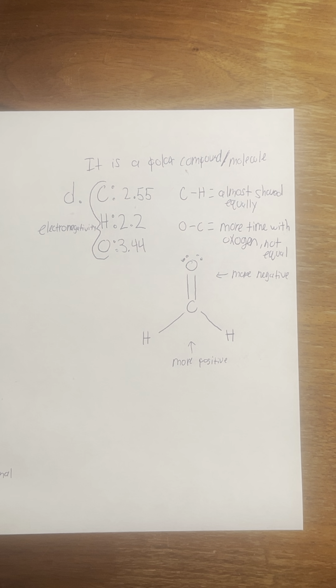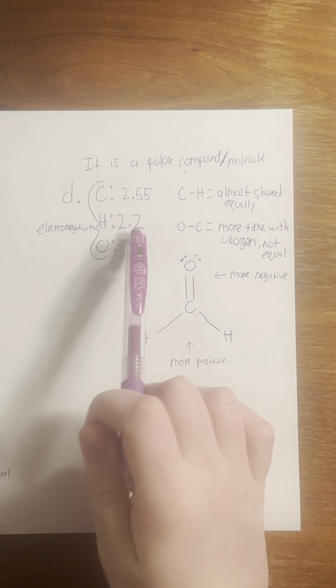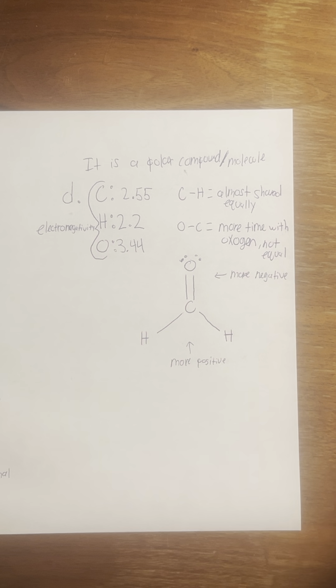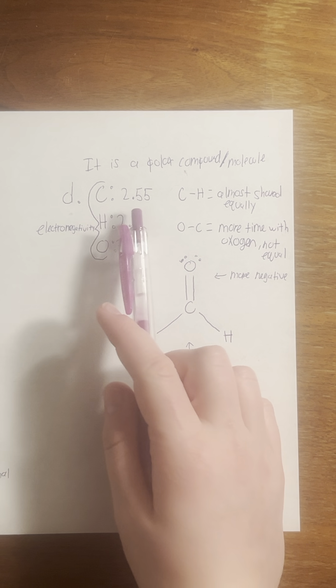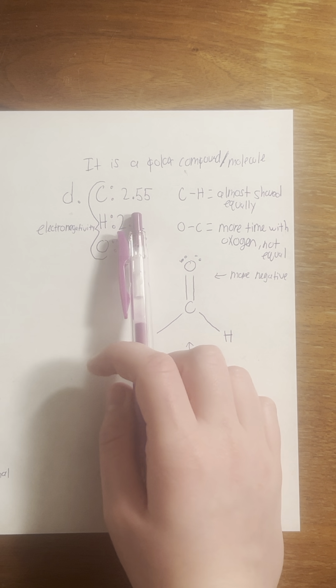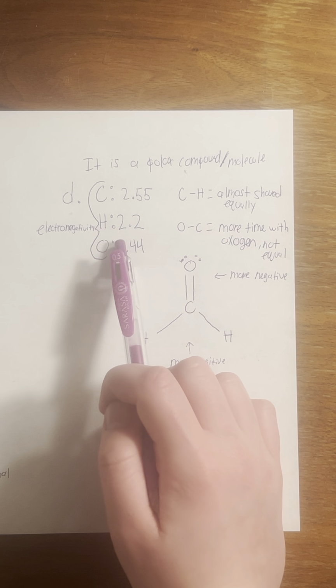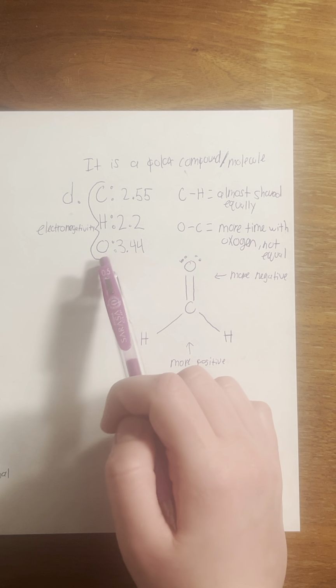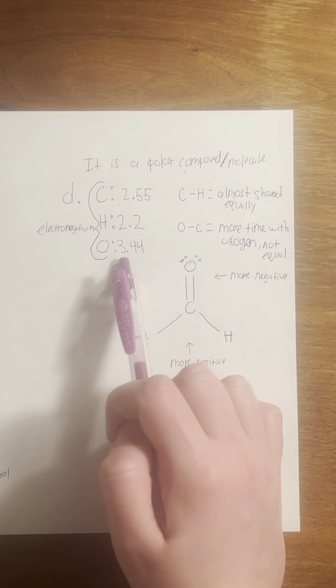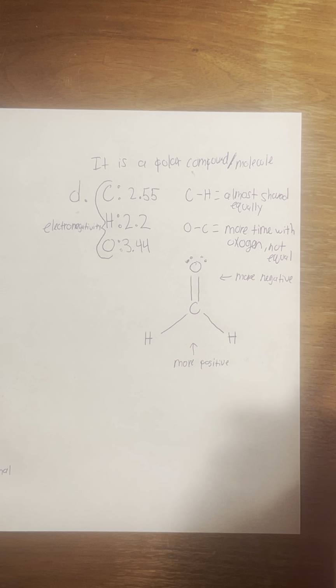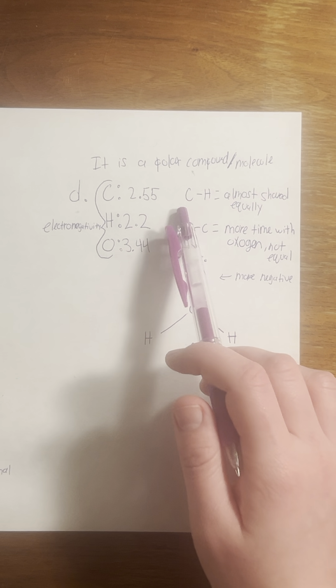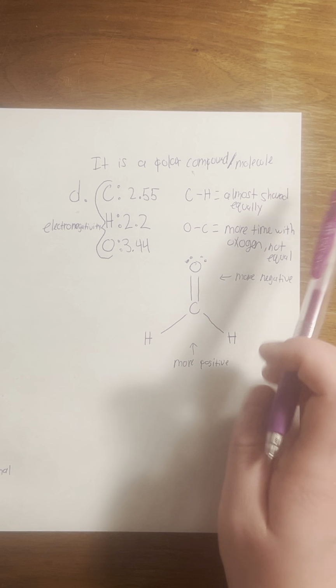And then for D, it is a polar molecule because here is the electronegativity of each of the different elements in it. So carbon has electronegativity of 2.55, hydrogen is 2.20, but doesn't matter, and oxygen is 3.44. So when you subtract C from H, they're almost shared equally.